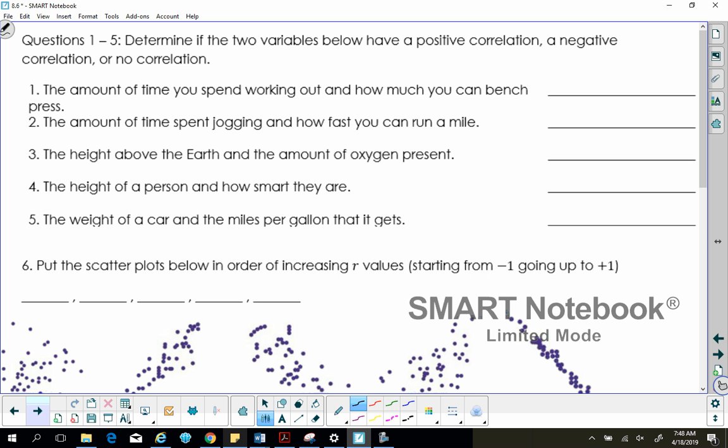It's not strong or weak, you're just writing positive, negative, or no. Remember, positive means as one thing increases, the other thing increases. Negative means as one thing increases, the other thing decreases. And no means they're not related at all. Like height and what you get on your test, that's not related.